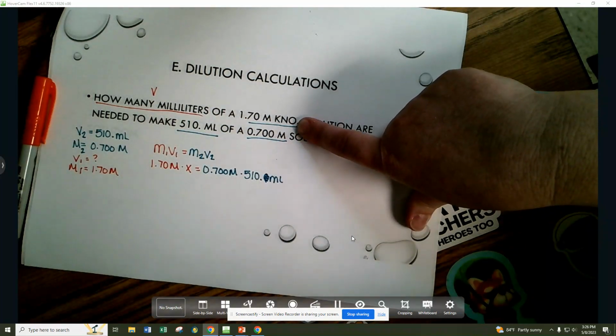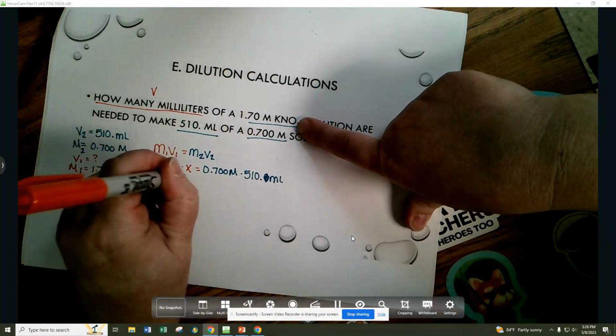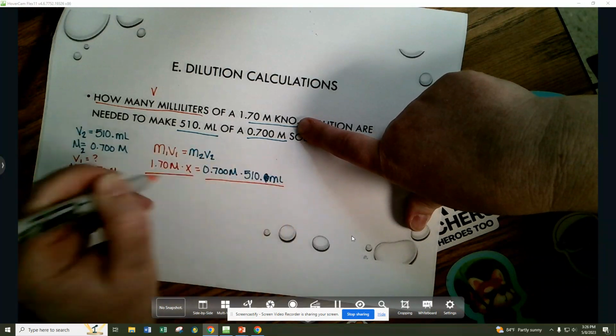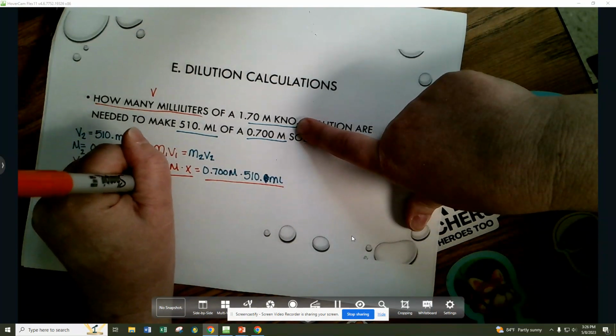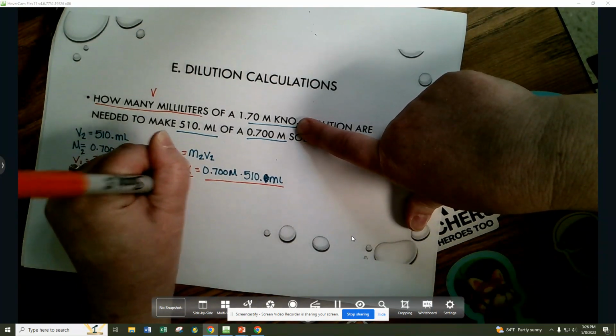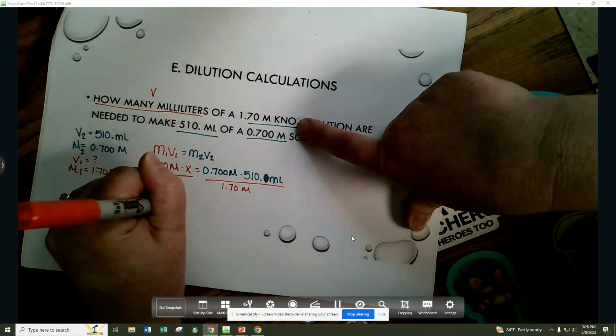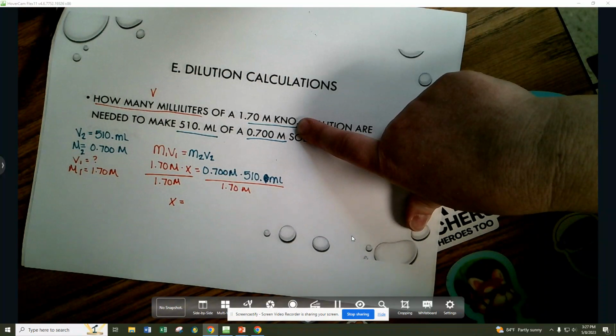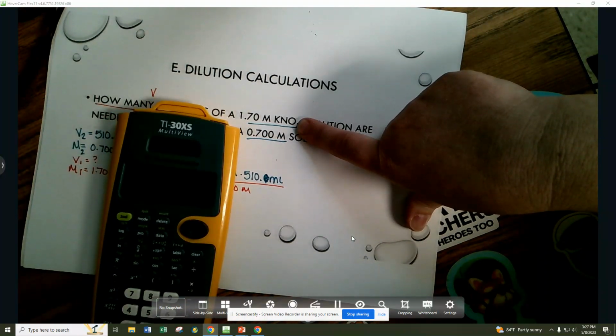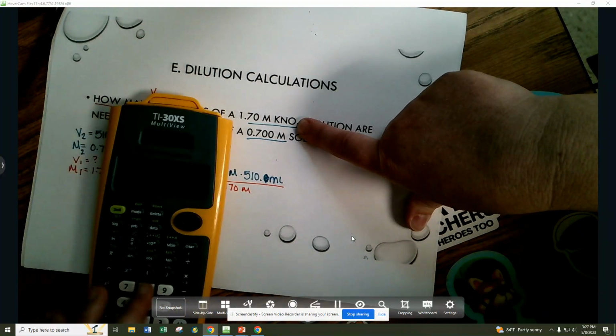Mathematically, this is like Boyle's law in that it's an indirect relationship. So I just have to divide here to get X by itself. So what I'm going to do is take 0.7, multiply it by 510, and divide that by 1.7.